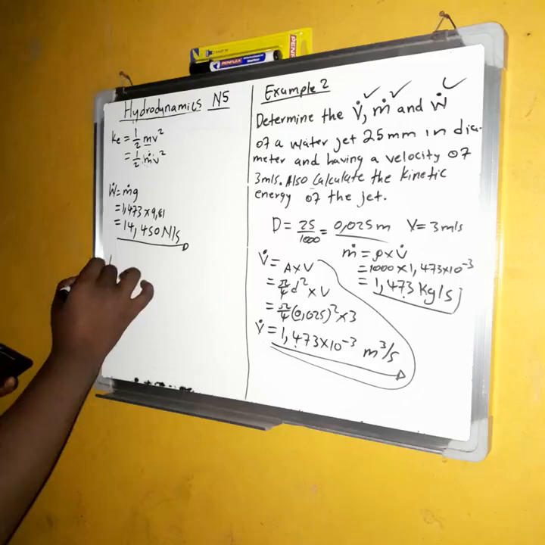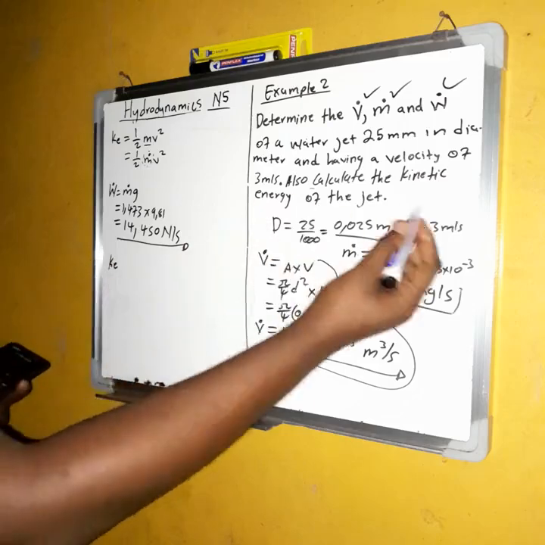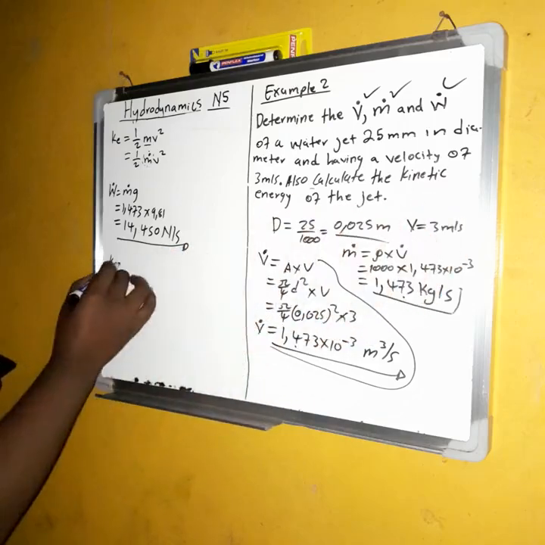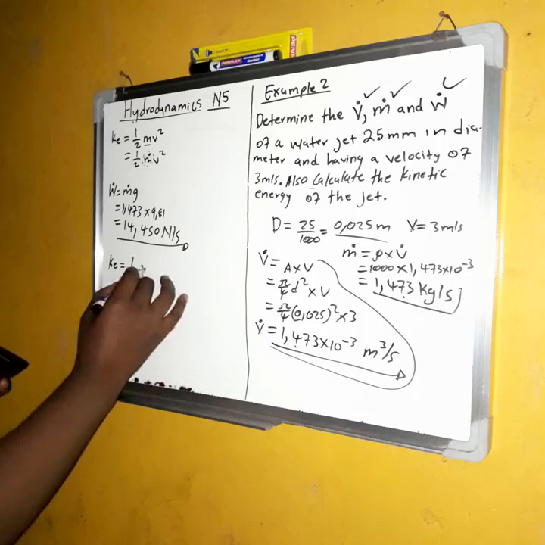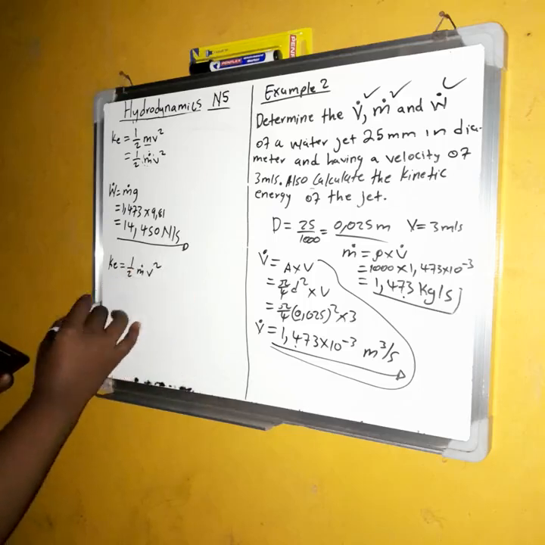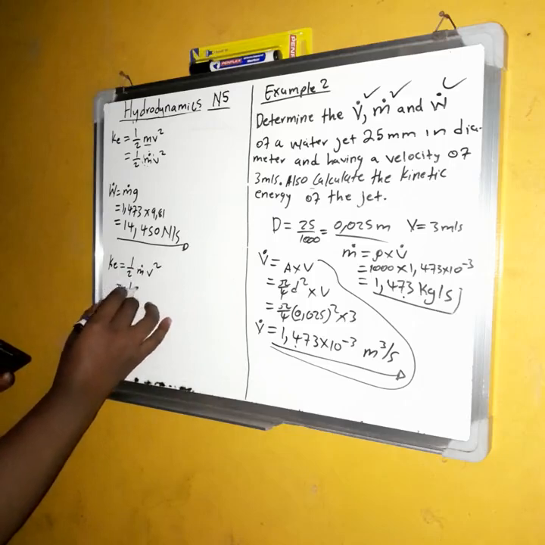Now you can calculate the kinetic energy, which is 1/2 times the mass flow times velocity squared.